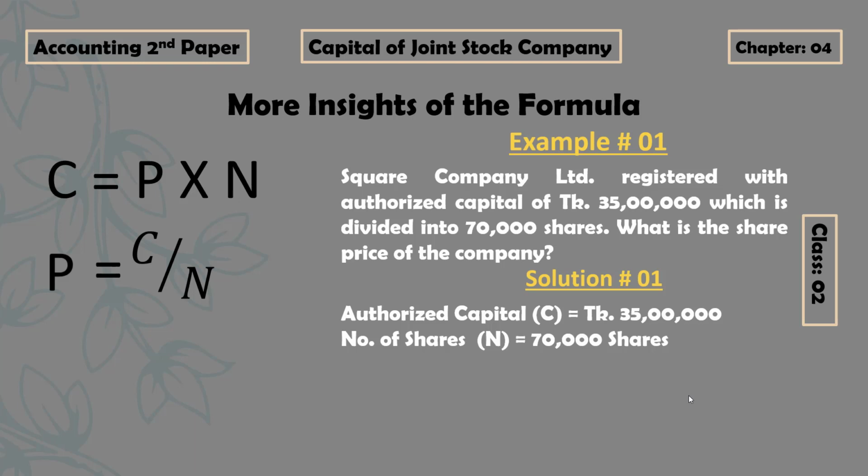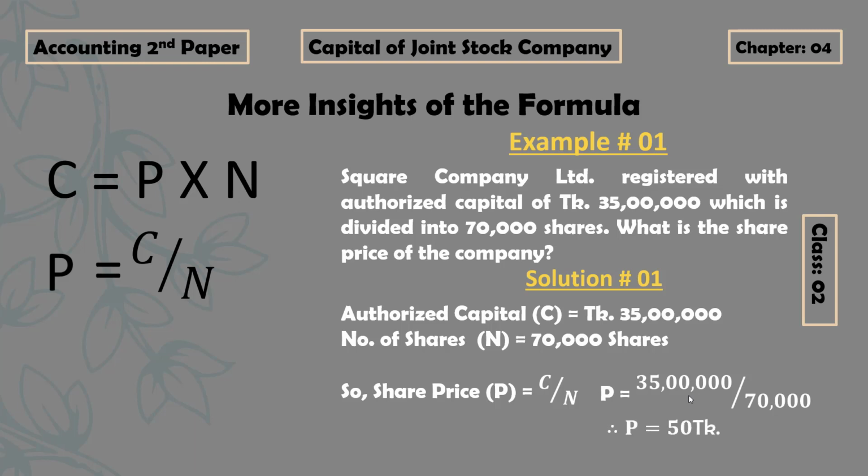So plug these values into the formula. Share price P equals C by N, and we got a share price of 50 taka each. So this is one technique to find price from this formula.